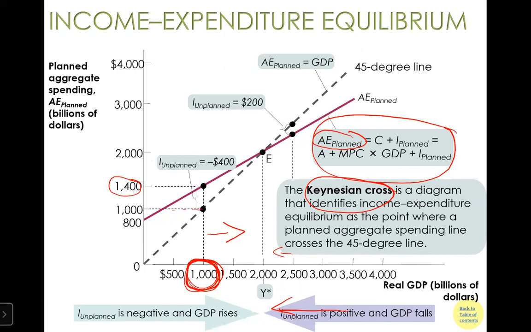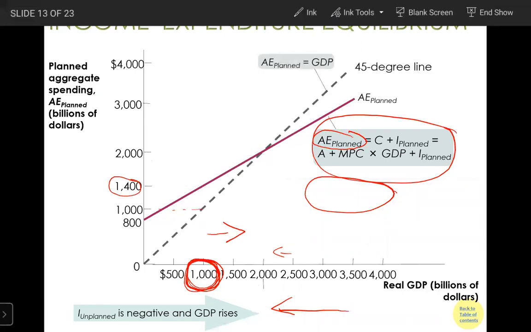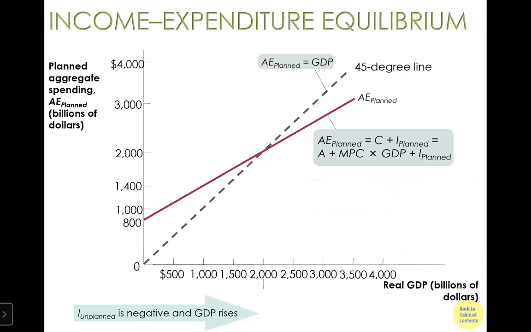Let's go back and quickly summarize, starting with this slide. Whenever you have produced too much and have inventory you cannot get rid of, unplanned inventory investment increases. That's a signal you have produced too much, so you want to decrease your GDP.